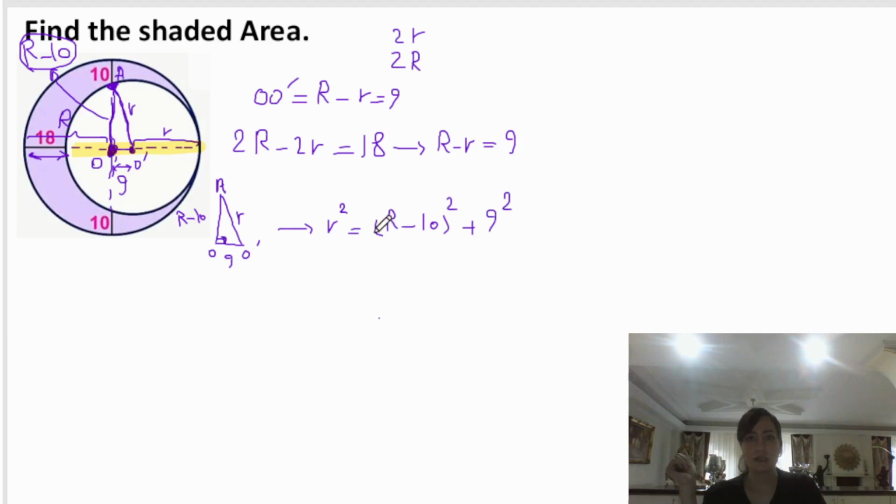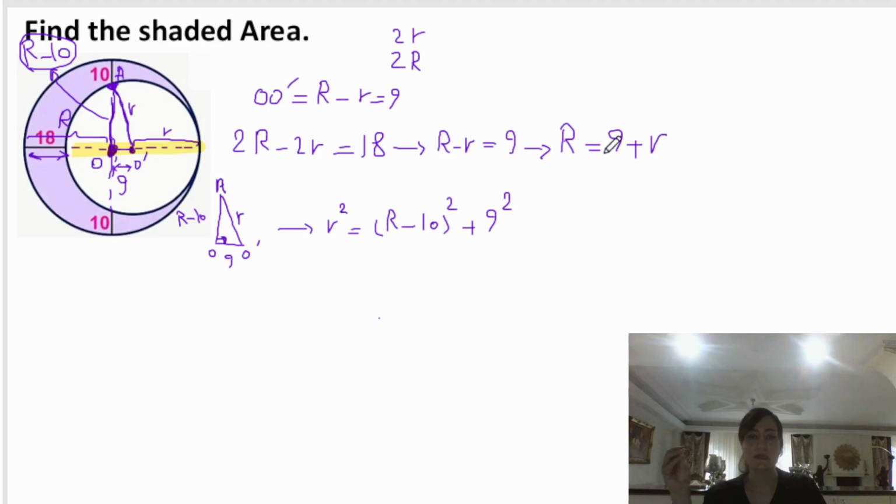I try to convert this capital R. If I take capital R as my subject and bring the small r to the right side, I will have capital R equals 9 plus small r.